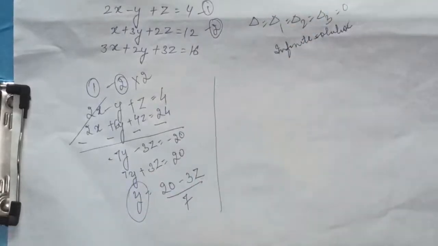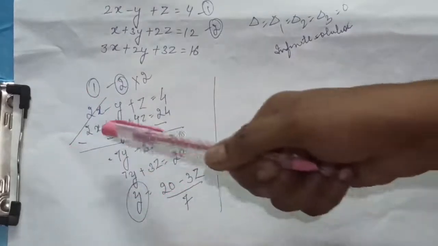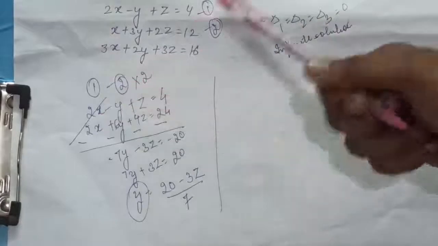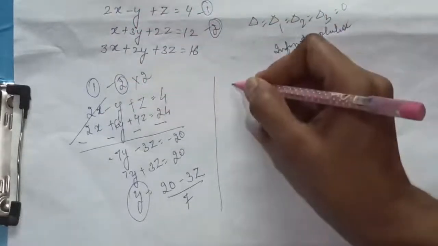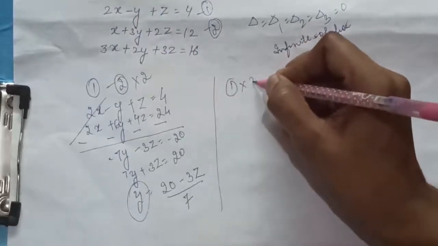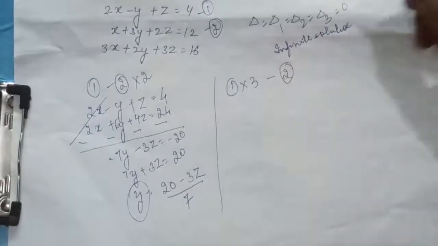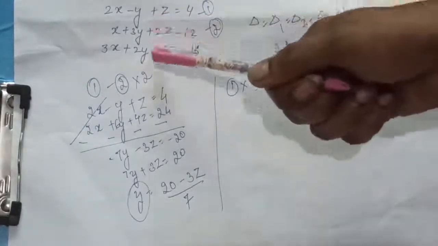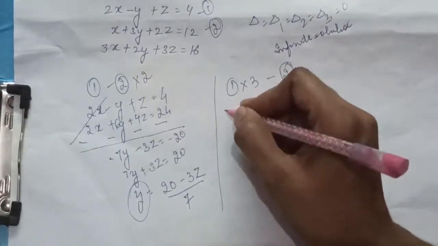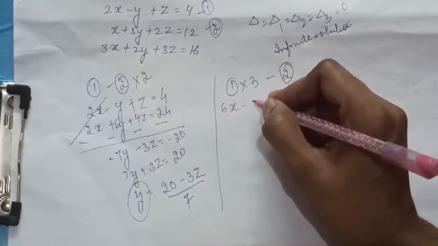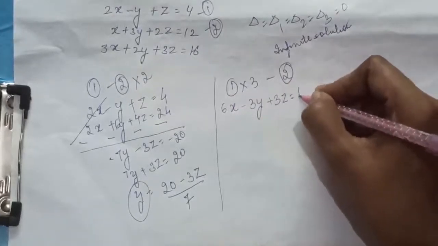So next what will I do? Now I have deleted x. Now I will try that y gets deleted so that I get another answer and I get the x. So from here I can see if I take my equation number 1 and multiply it by 3, my y will be deleted when I add the second equation to it. I can make use of these equations also. It will also give me exactly the same answer. So my first equation multiplied by 3 will be 6x minus 3y plus 3z is equal to 12.